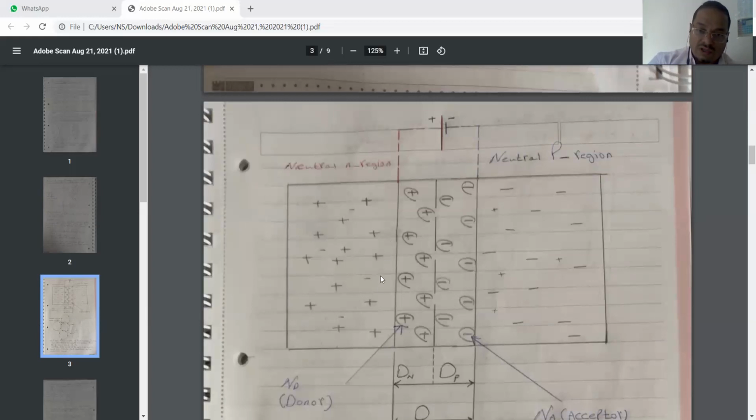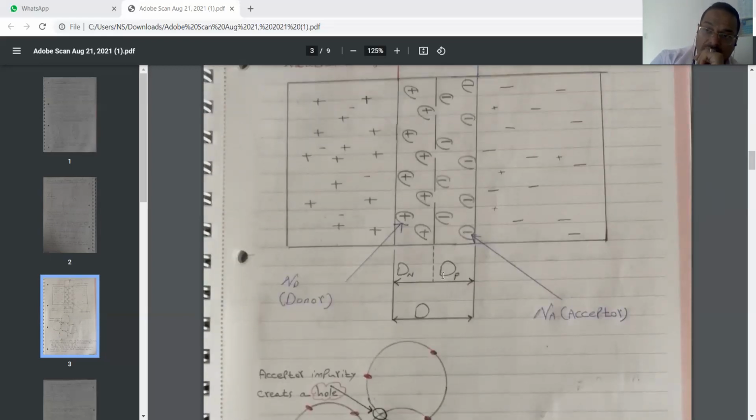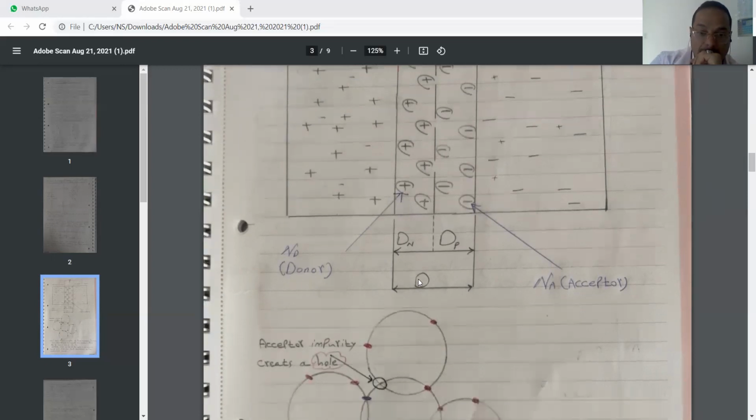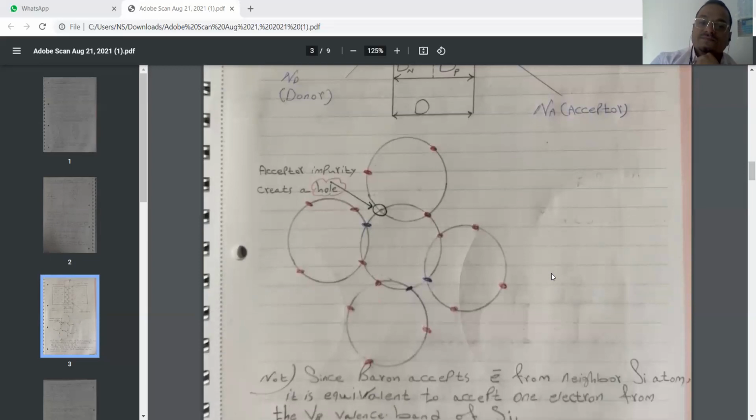This place shows us the neutral n region and the neutral p region, and the charges will be here. This belongs to holes, this belongs to electrons. This great figure explains to us the real meaning of the hole by this imaginary figure.